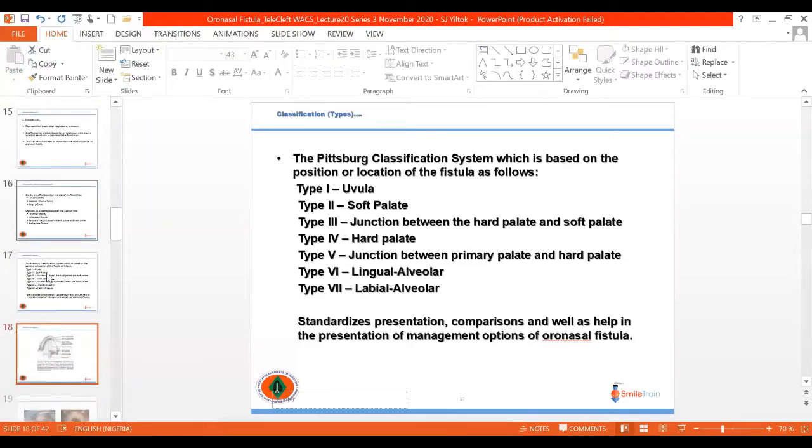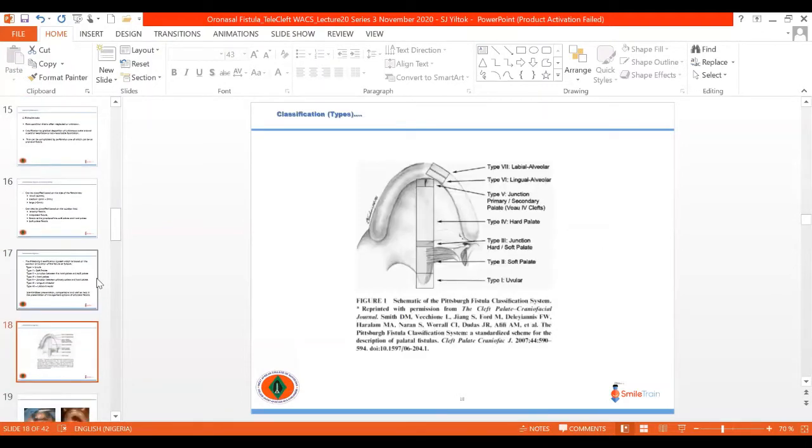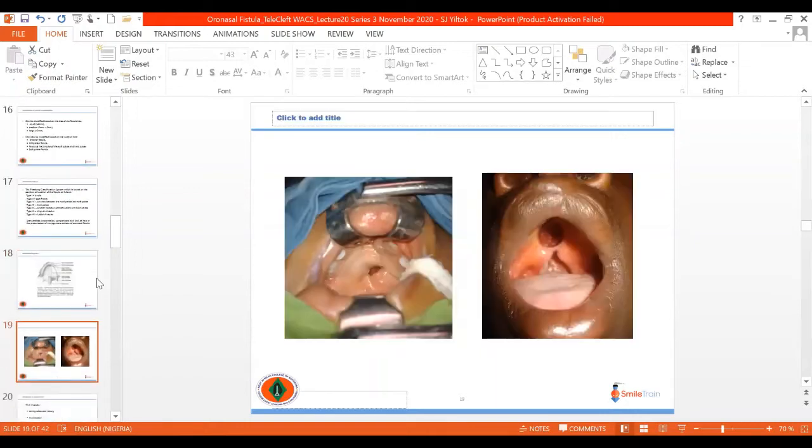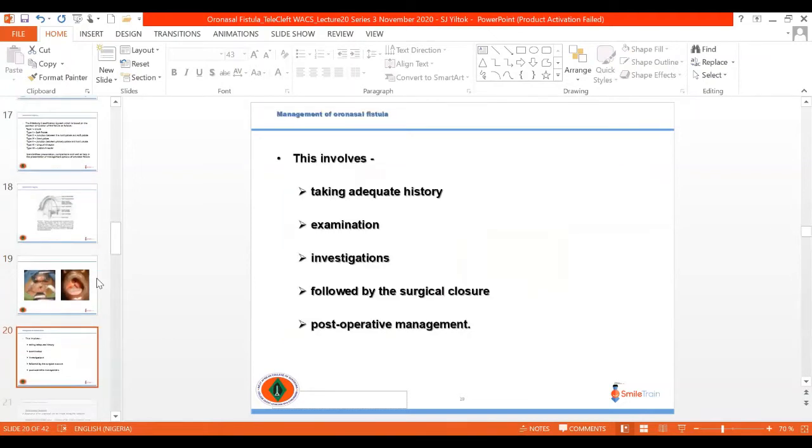The next figure shows the scheme, the drawing to explain this. And this classification has been the only standard classification so far on oronasal fistula. This is just an example of oronasal fistula.